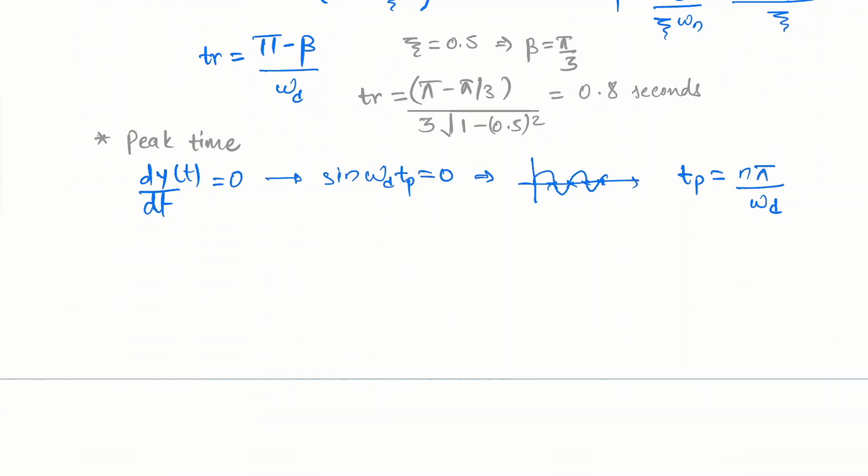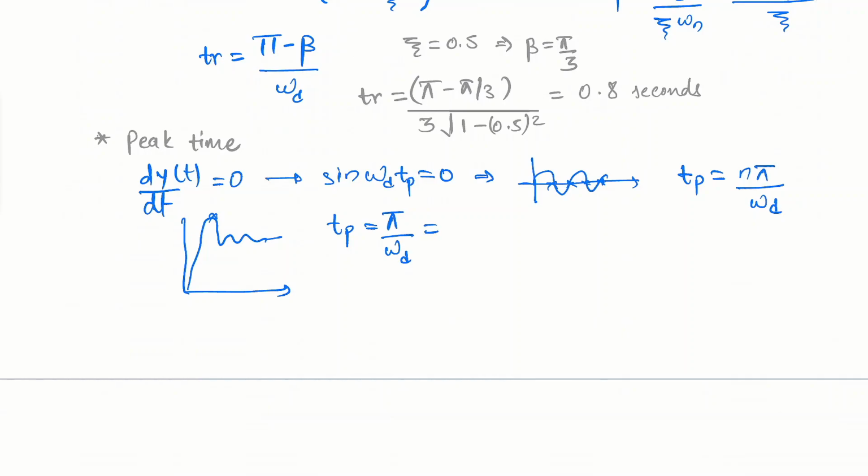Since we are looking at the time when we will be reaching the peak, it would be reached only at the first time instance. The peak would be reached as per the response only for the first time, as it will die down and settle down to the steady state value. We will choose n equals 1, and then the peak time is essentially pi by omega d.